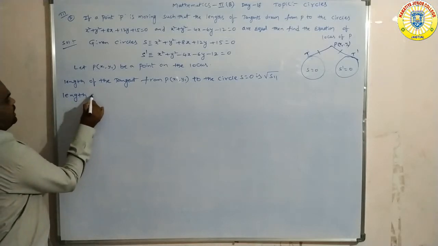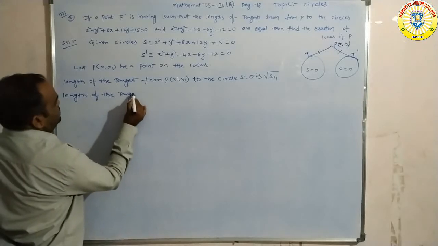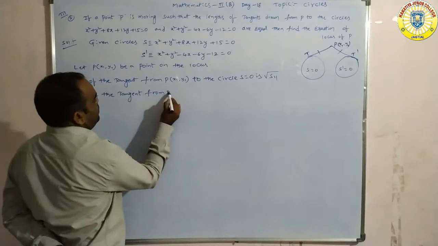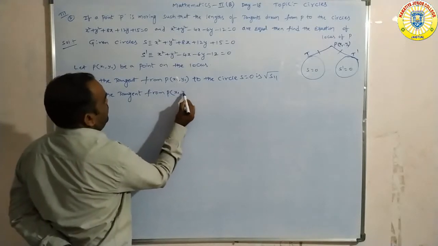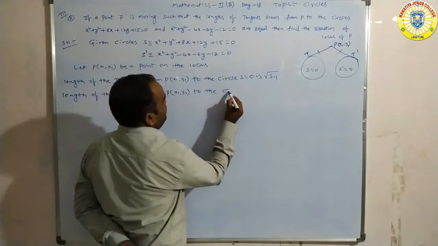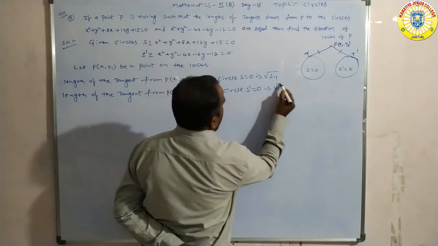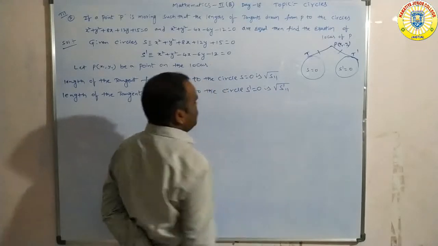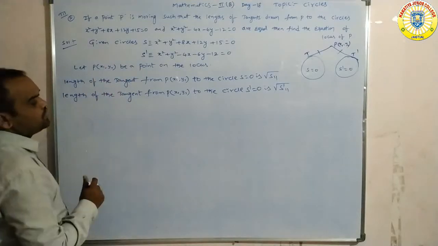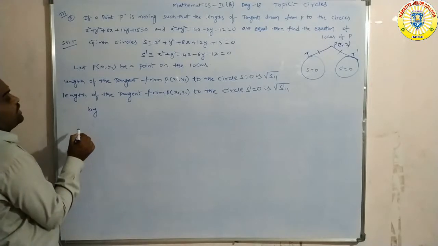Next, same. Here length of the tangent from P of x1 comma y1 to the circle S dash is equal to 0 is under root of S dash 11. So lengths of the tangents from P to the circles S is equal to 0 and S dash is equal to 0 both are equal.